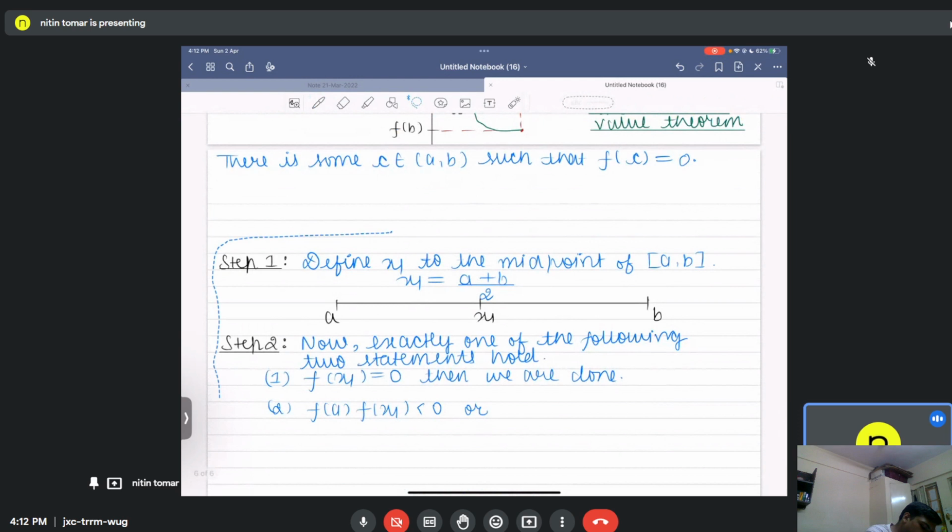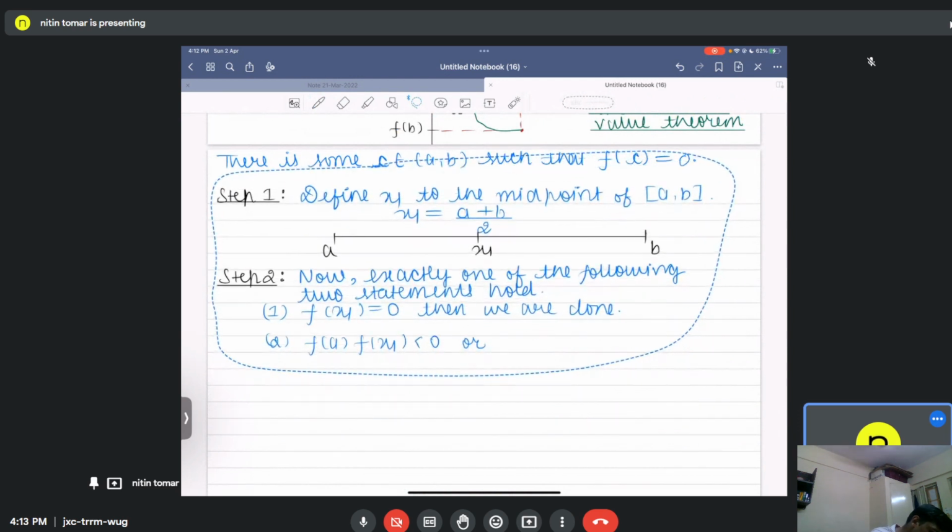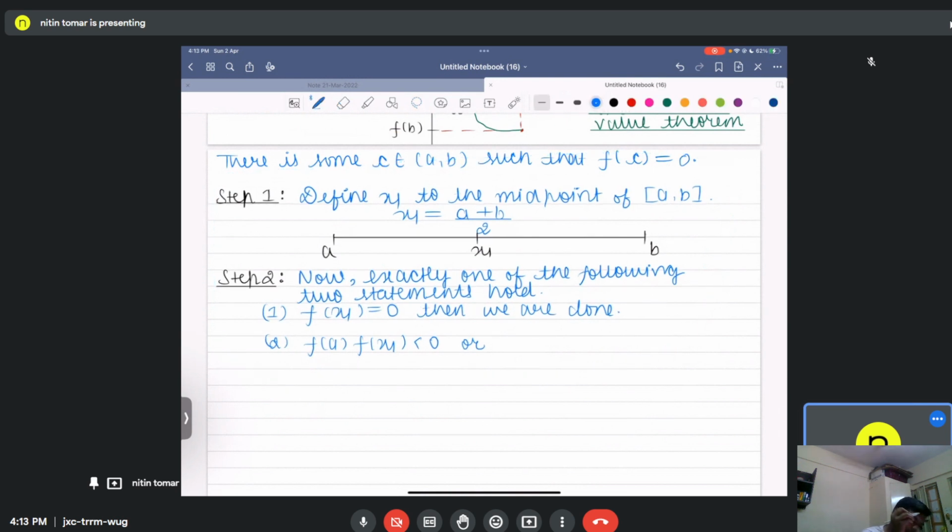Now you cut down this part. You bisect this interval a comma b and consider its midpoint to be x1. Now you see at a, we are just fixing one thing, okay?